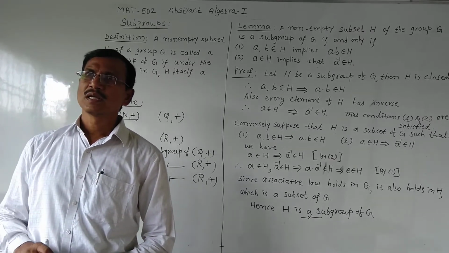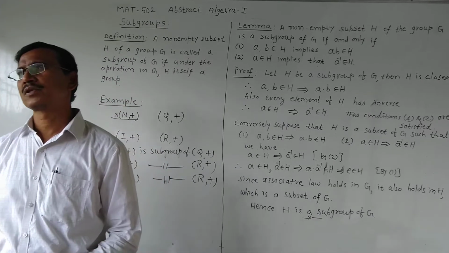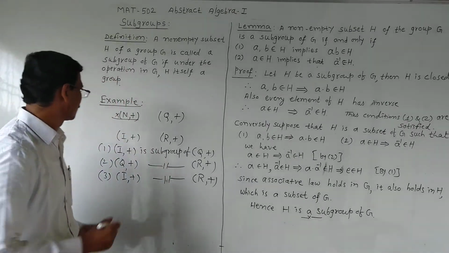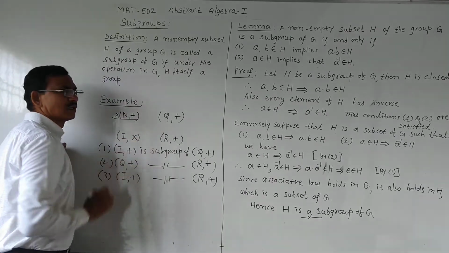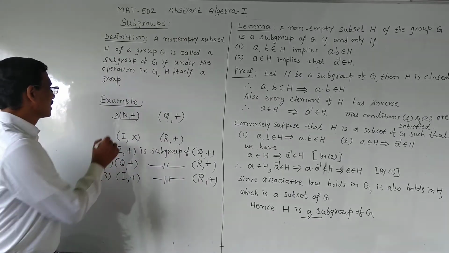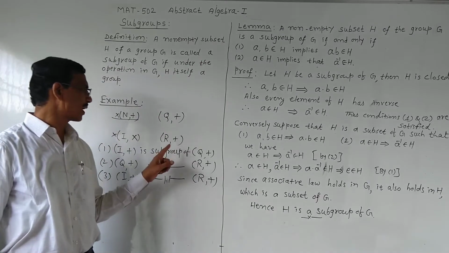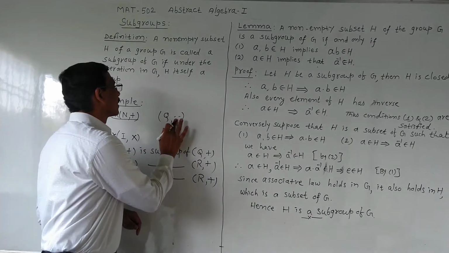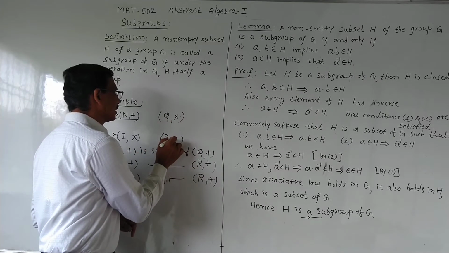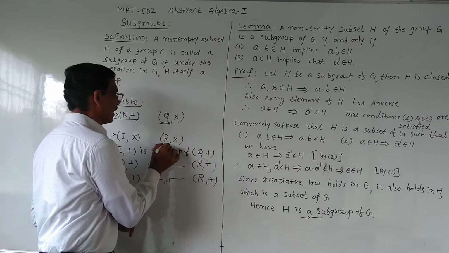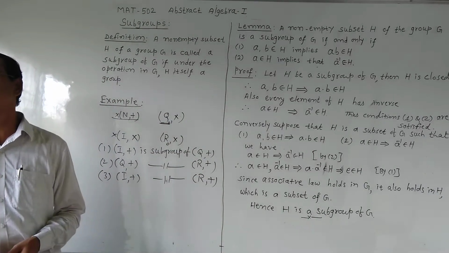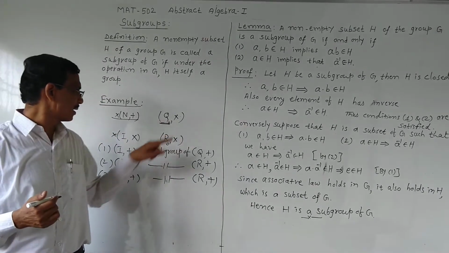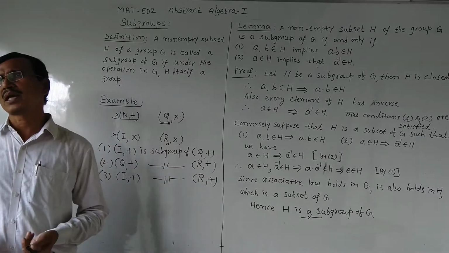The set of integers with multiplication: here inverse does not exist, it is not a group. But in case we consider multiplication as the binary operation, then we have to consider Q0 and R0, means the set of non-zero rational numbers and the set of non-zero real numbers. That means (Q0, ·) is a subgroup of (R0, ·) and so on.